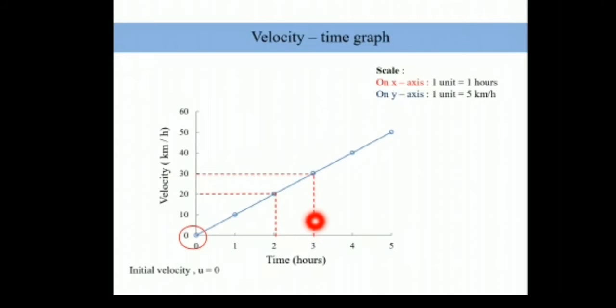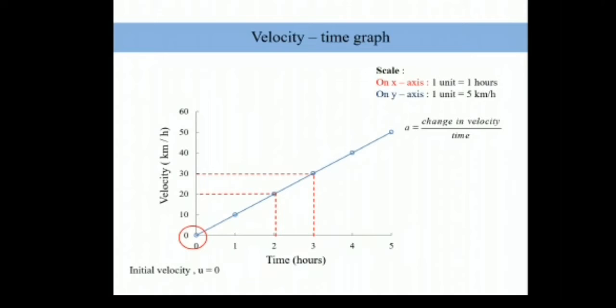This is 3 hours. So the first point has velocity 20 and time 2 hours; the second point has velocity 30 km per hour and time 3 hours.